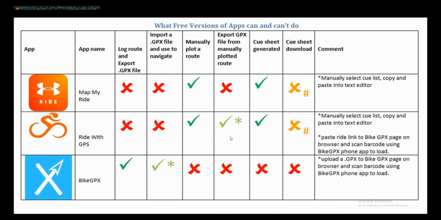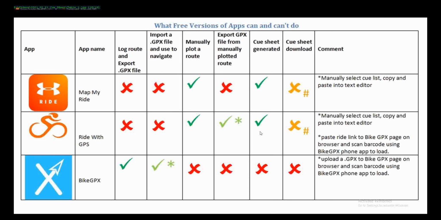If you want to use the route for your phone navigation app, you can export it, but it's a bit convoluted, and you have to paste the ride into the Bike GPX web page, and then it'll produce a barcode on your screen, which you then use your Bike GPX app on your phone to load, and then you can use Bike GPX to navigate you. Bit complicated, but it can be done for no money.